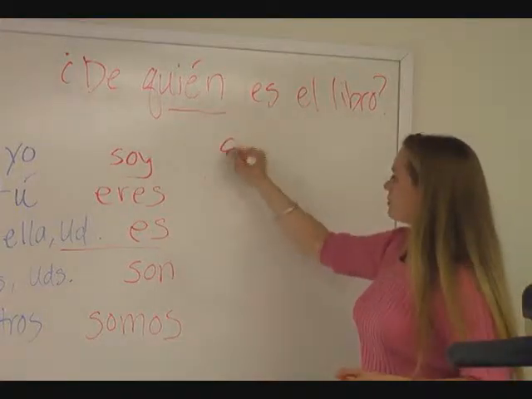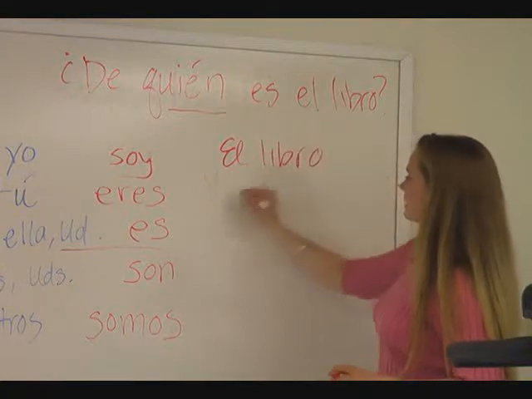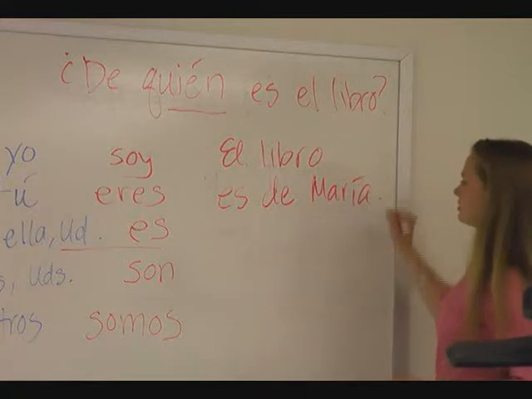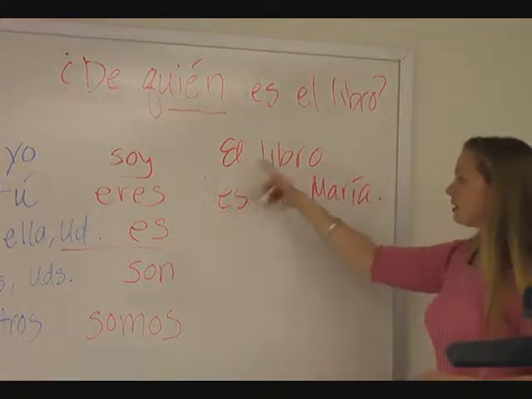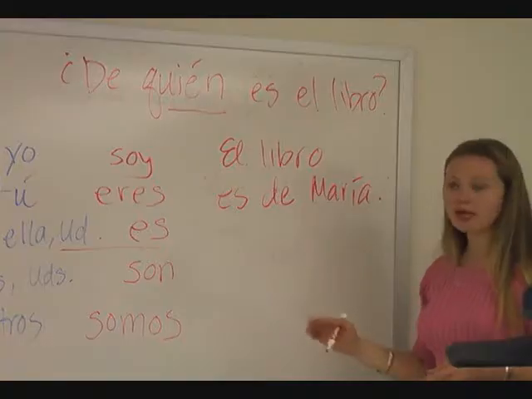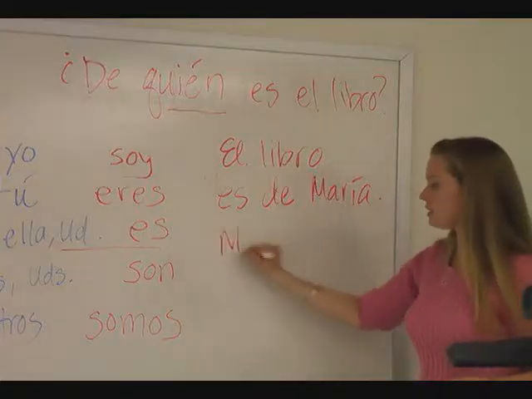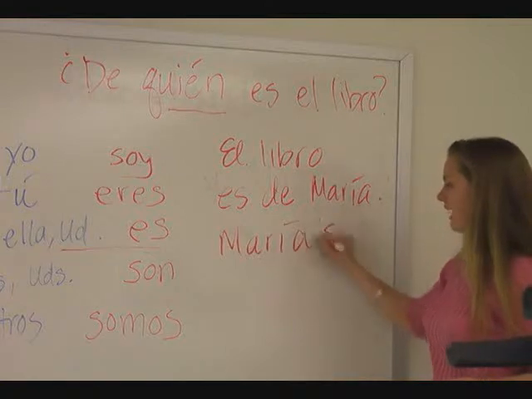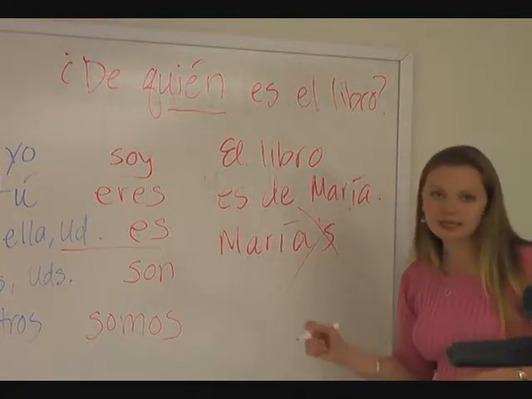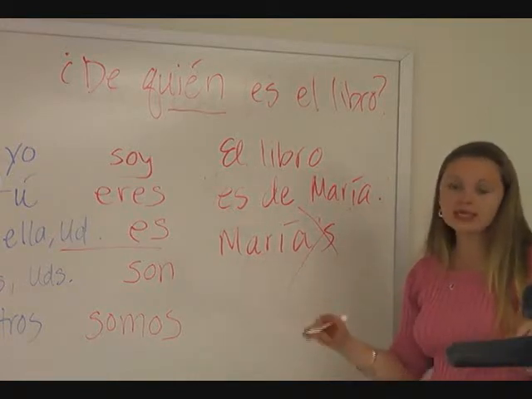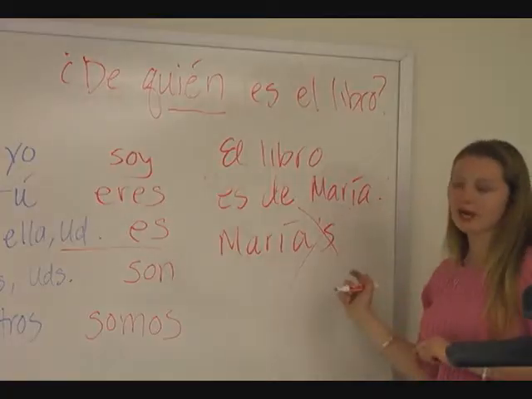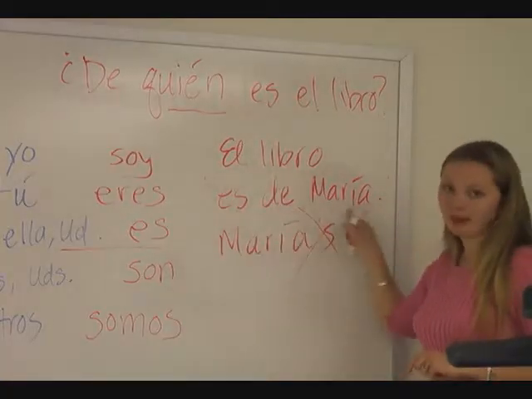El libro es de María. What that means is, the book is of Maria, or in other words, it's Maria's book. In Español, there is no such thing as a possessive S. That doesn't exist. No se puede decir, es María's libro. No se dice así. Se dice, es el libro de María, or el libro es de María.